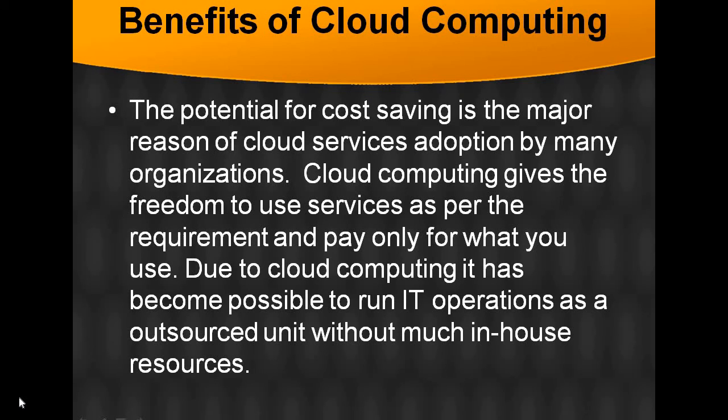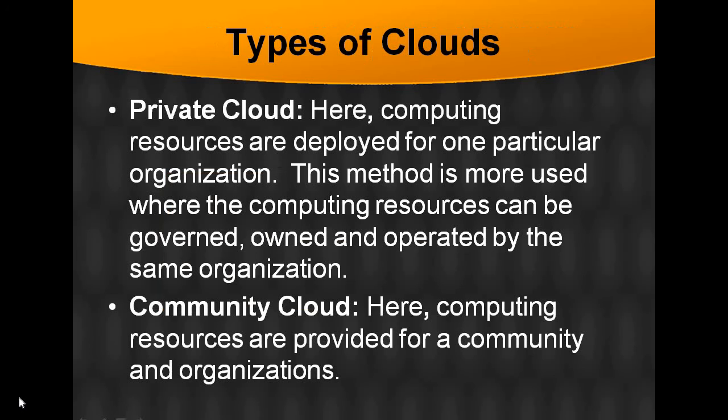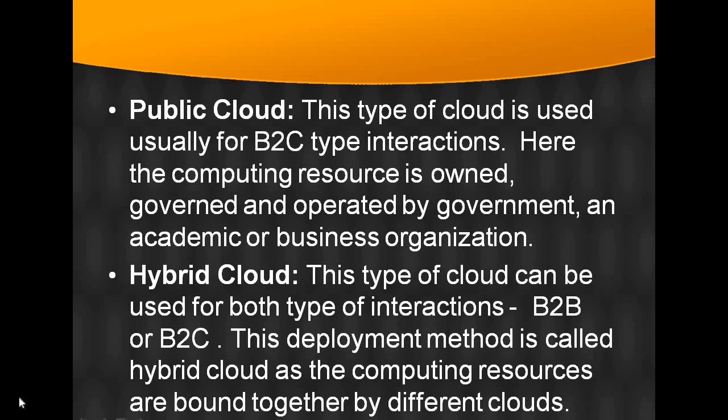The benefit is that cloud computing gives the freedom to use services as per the requirement and pay for only what you use. These are the different types of cloud computing: private cloud, community cloud, public cloud and hybrid cloud. These are the definitions for types of clouds.